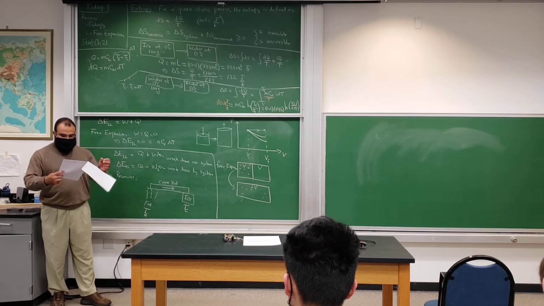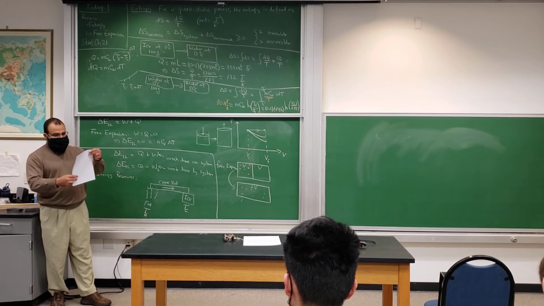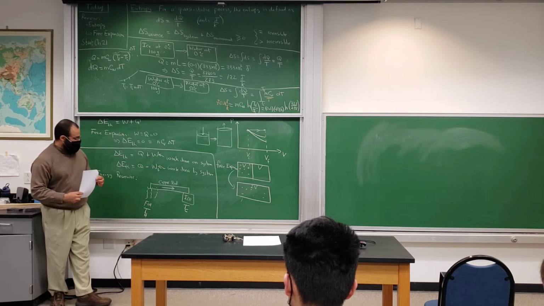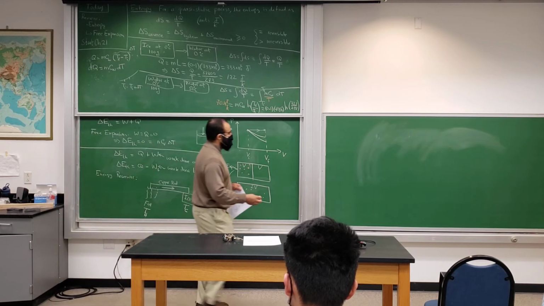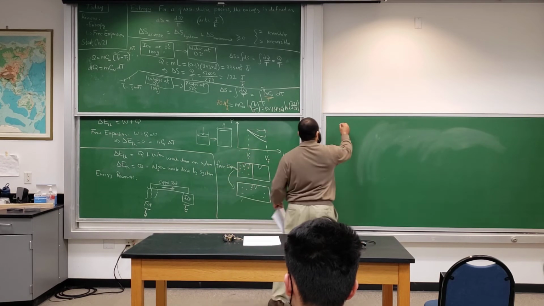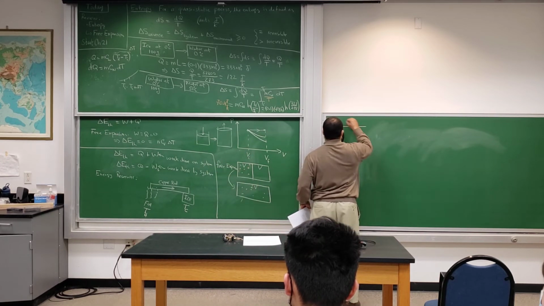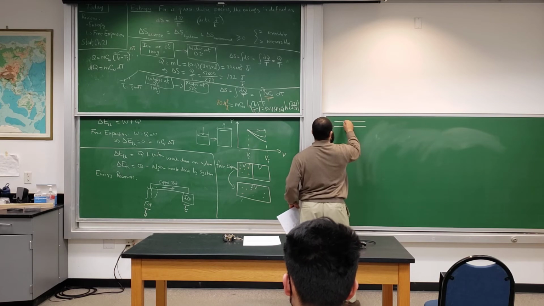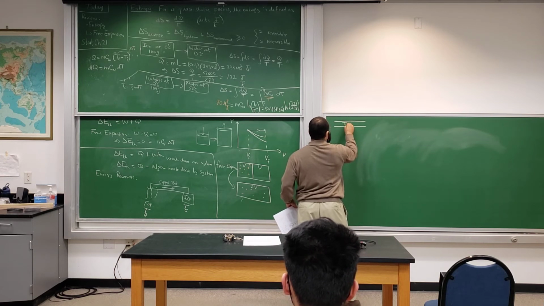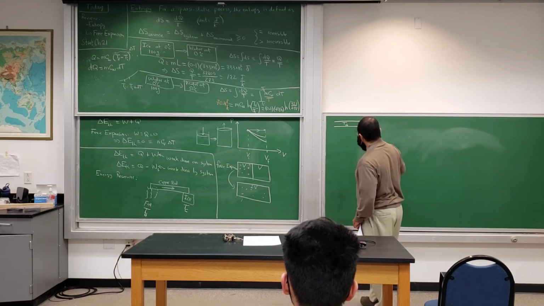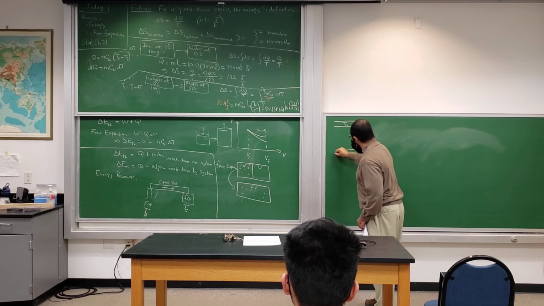Okay, so we draw what's called an energy diagram. The energy diagram looks like this. For this one, we usually say, here is the hot, T hot, and then this is T cold, the cold reservoir, TC.